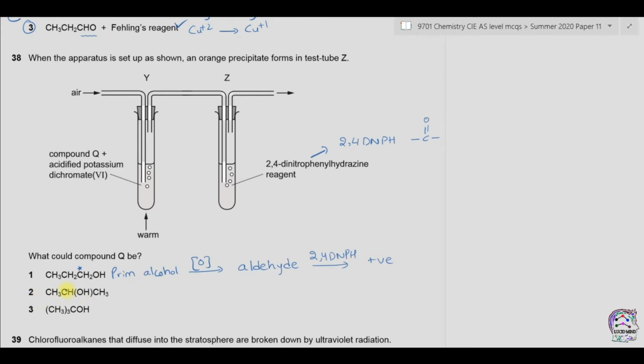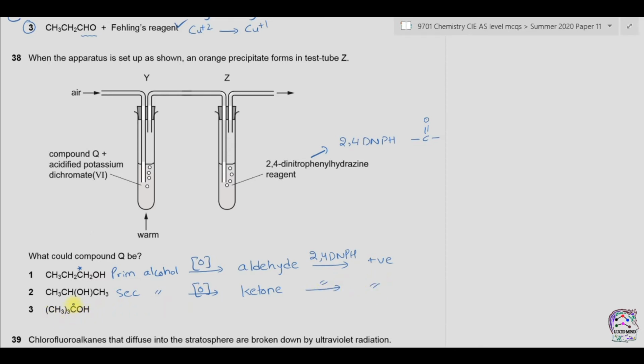Second one is also alcohol, but in this one OH is attached to the second carbon atom, so this is secondary alcohol. Now secondary alcohol oxidizes in the presence of potassium dichromate to form ketone, and ketone also gives positive result with 2,4-DNPH.